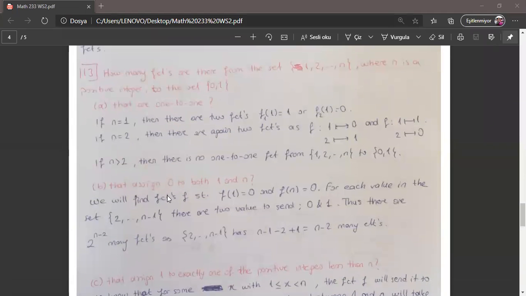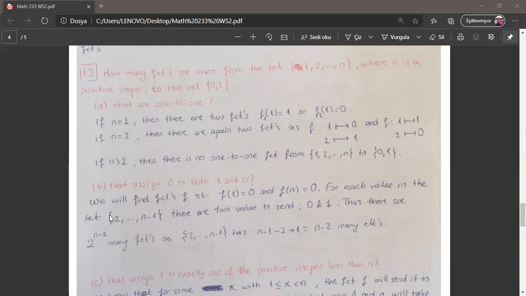Now we want to find such functions which assign 0 to both 1 and n, okay? We want the image of 1 and n to be 0, as in here. And for the rest, they can take 0 or 1. So for each one in this set, there are 2 options, to be 0 or 1 as the image.